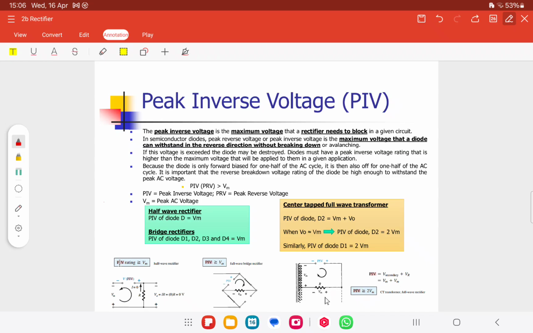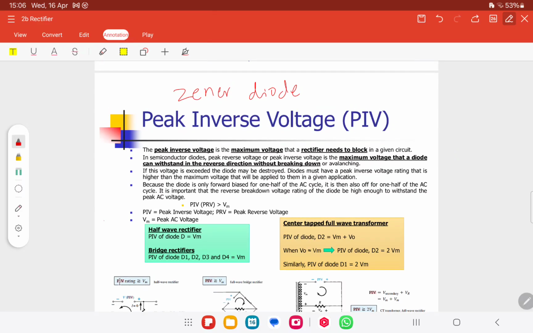So what we can do is use a Zener diode. The Zener diode is the diode that can operate in reverse voltage. Okay, for reverse bias, for that condition there is avalanche breakdown or reverse breakdown. That one we will learn in 2D later, for the Zener diode.